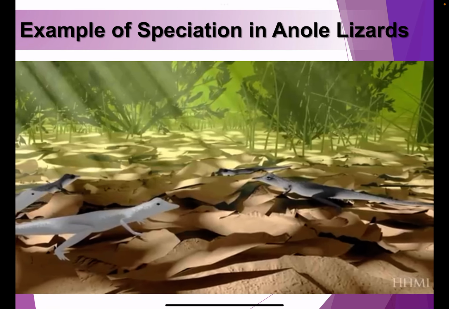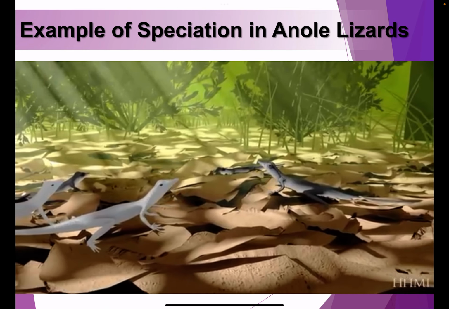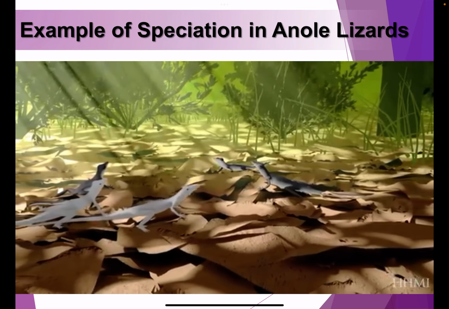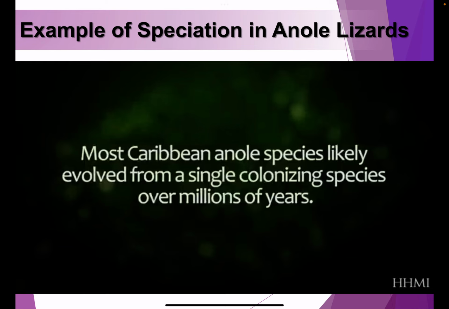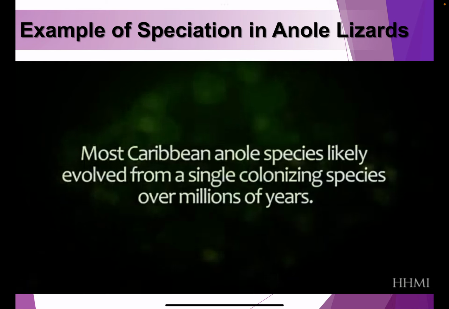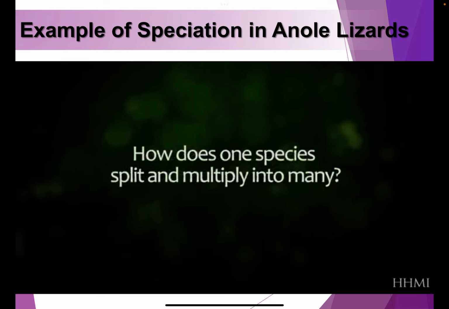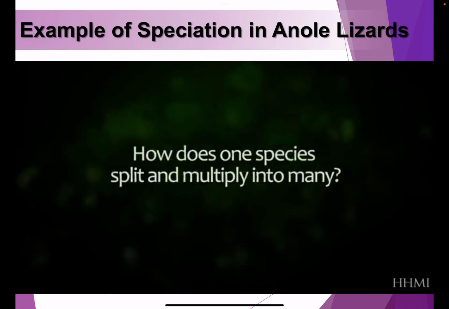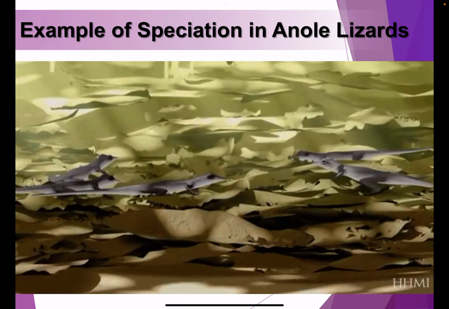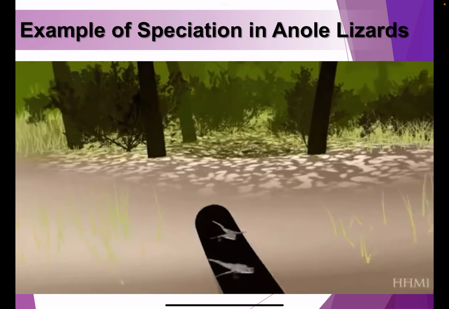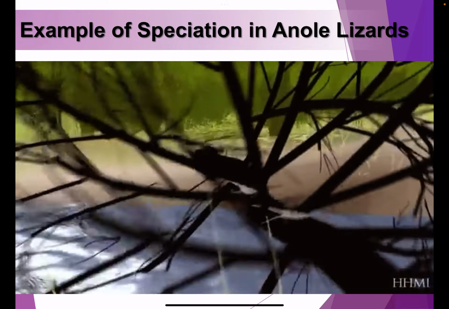Two groups of animals are defined as different species when individuals from one group don't mate and reproduce with those from the other. One way a species can split into two is for populations to separate geographically.